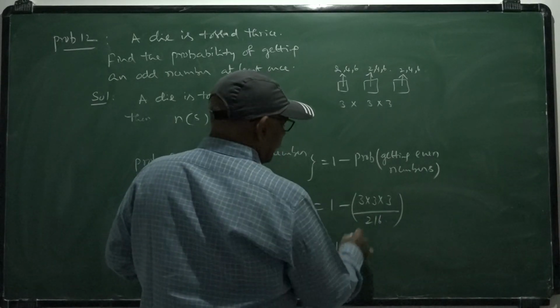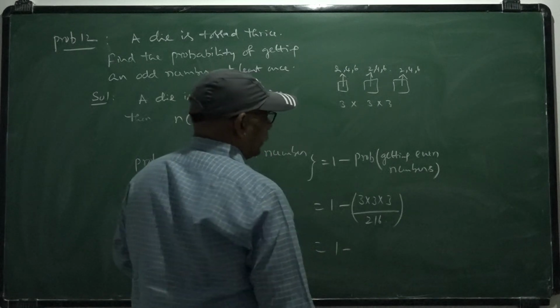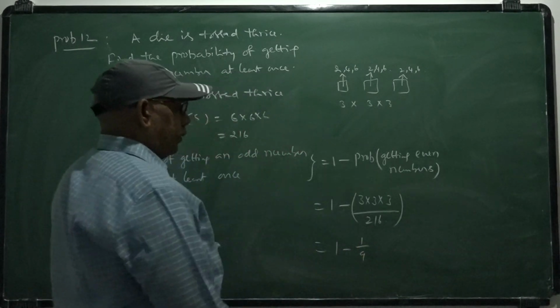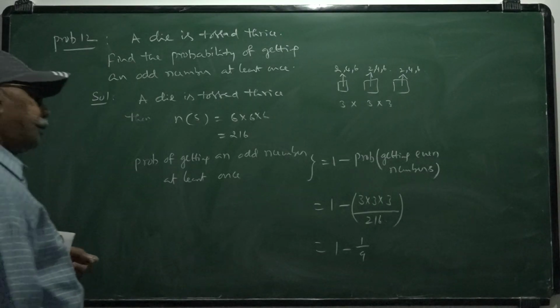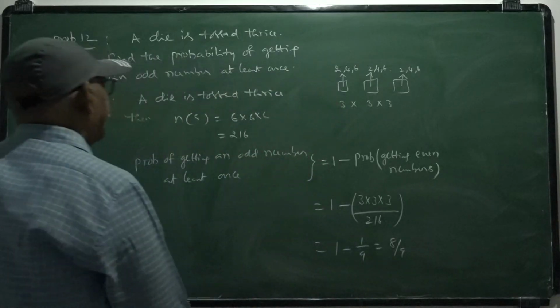That is 1 minus, this is 9 into 3, 27. So that gives us 8 by 9.